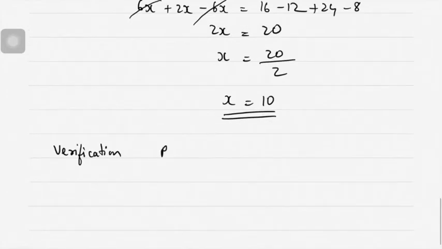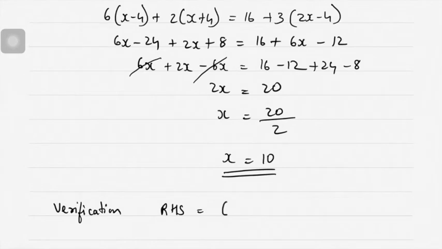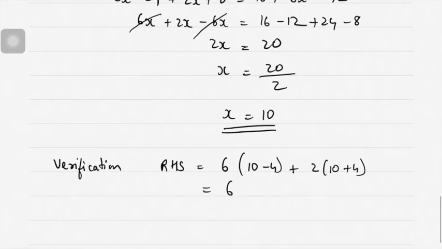First I'll write the left hand side. So my left hand side is 6, instead of x I'll substitute there 10 minus 4 plus 2, 10 plus 4. 10 minus 4 is 6 plus 2, 10 plus 4 is 14, right?